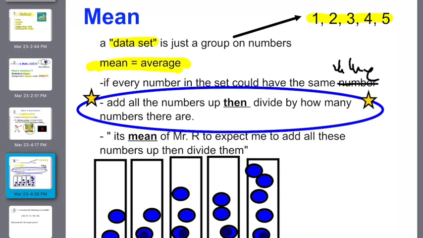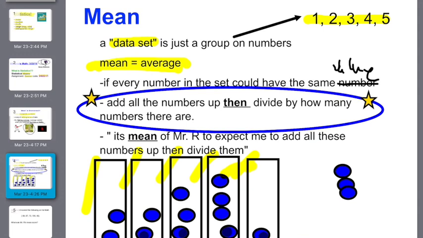If we're going to do that, we need to have every one of these rectangles right here have the same number of blue dots in them. And again, this represents our data set up here. So what we're going to be doing is we want the same number in each rectangle.